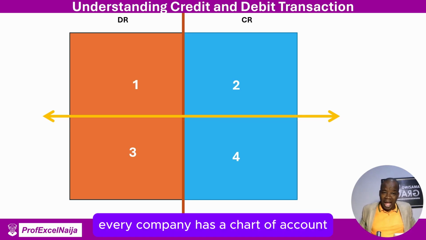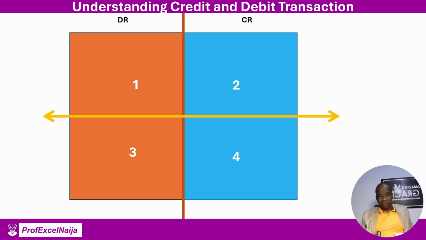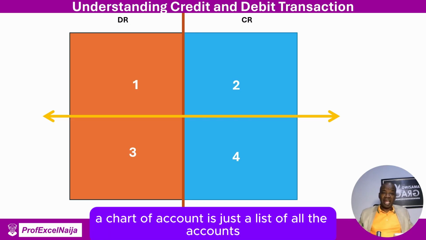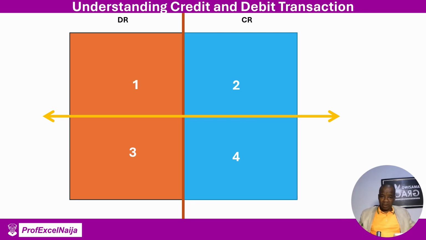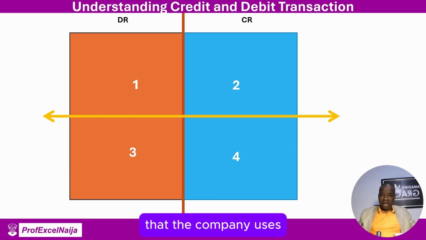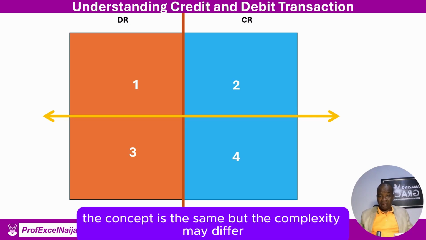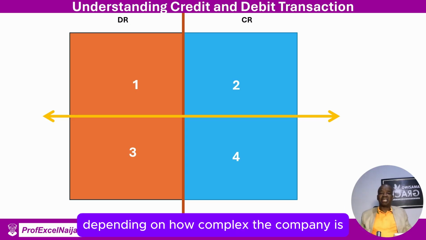Every company has a chart of accounts. I did a video on chart of accounts. You can please watch that video. But what's a chart of accounts? A chart of accounts is just a list of all the accounts that the company uses. The concept is the same, but the complexity may differ depending on how complex the company is.